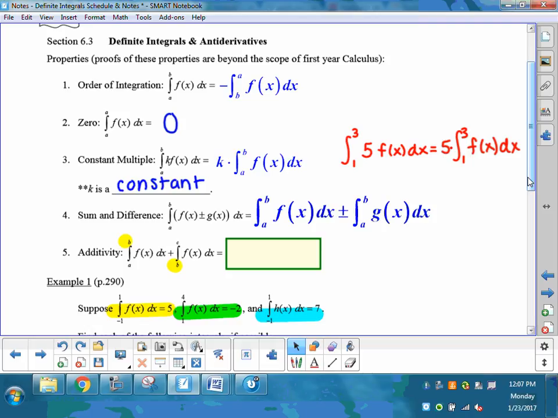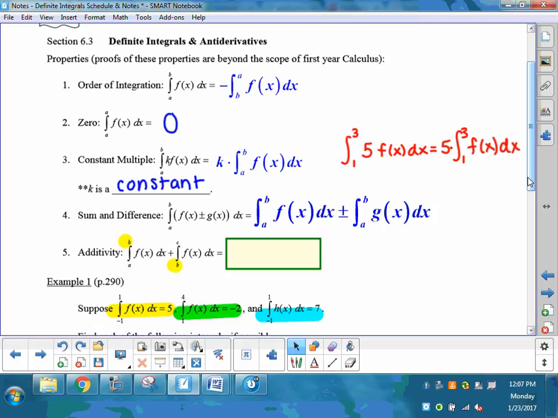Thomas, what does it mean? What does the integral do? Adam, what does the integral do? The antiderivative of the function, sure.